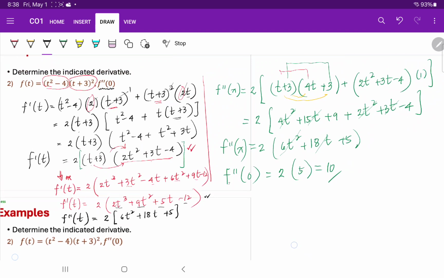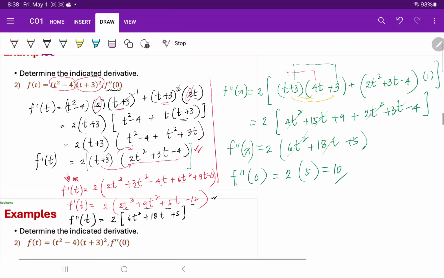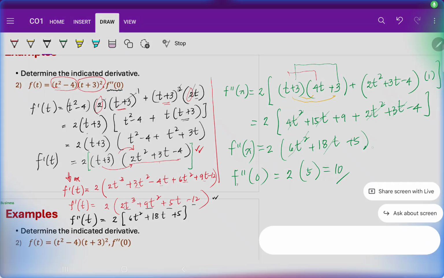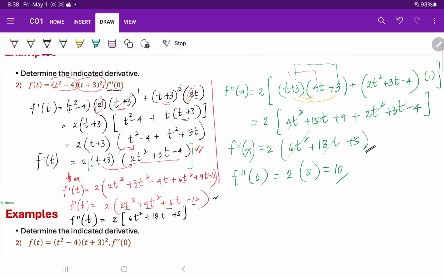Alright, so did you get the same answer? Yes, it's 2 times 6t squared plus 18t, so you get the same answer here. From here again, we can find f double prime of 0, and that gives you 2 times all this will be 0 times 5, you get 10. So you get the same answer.